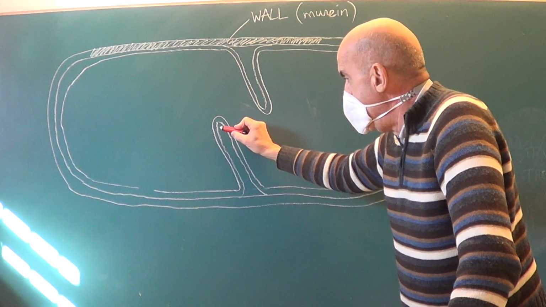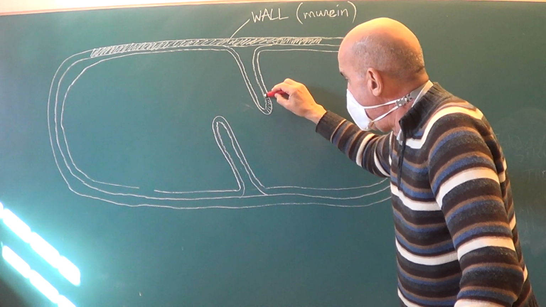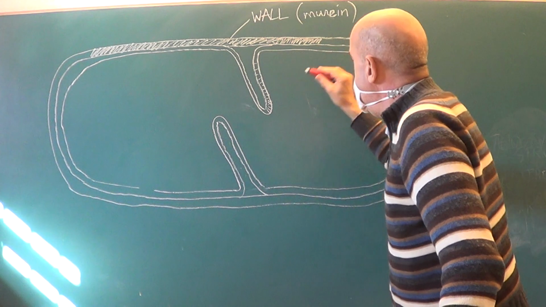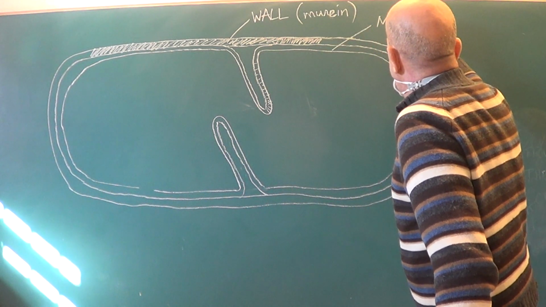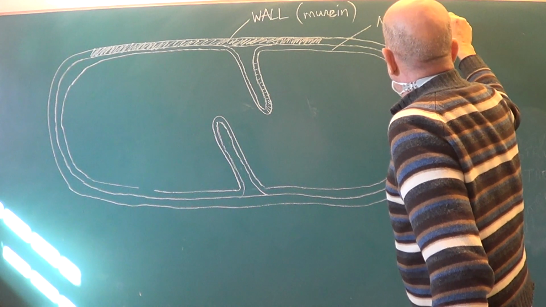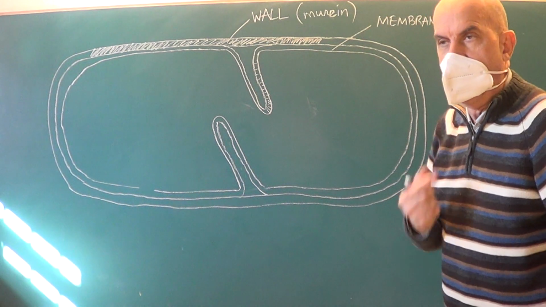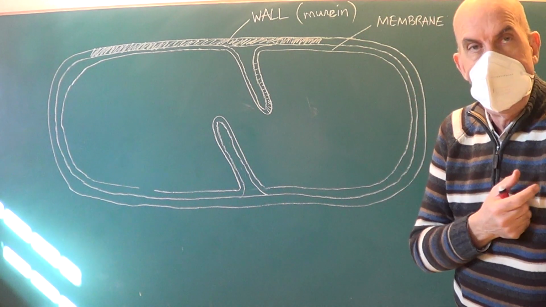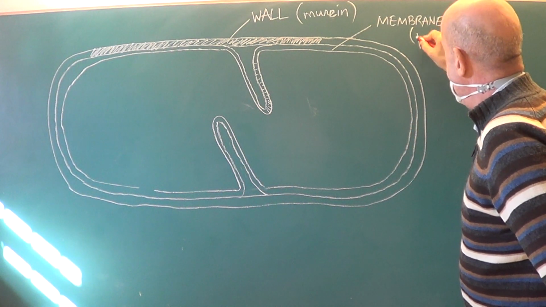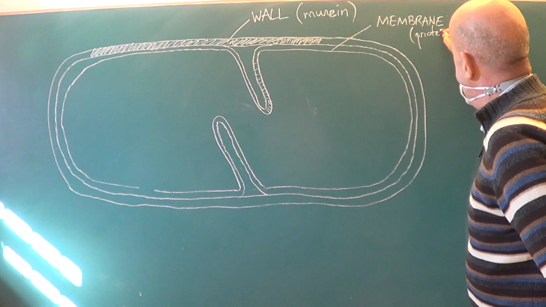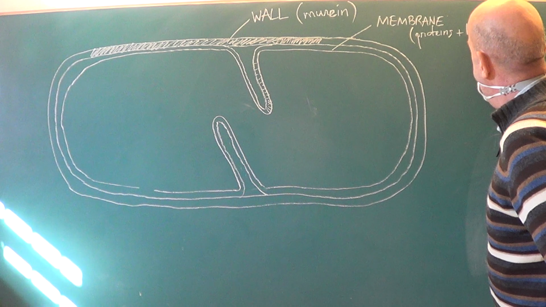No, alerta. No m'ho d'omplir de color la paret. El que has d'omplir de color és la membrana. This is the membrane. The membrane is made up of proteins and lipids. So we write in brackets protein plus lipids.